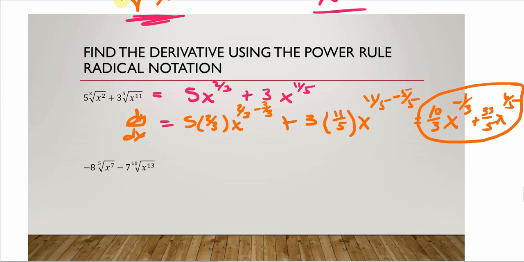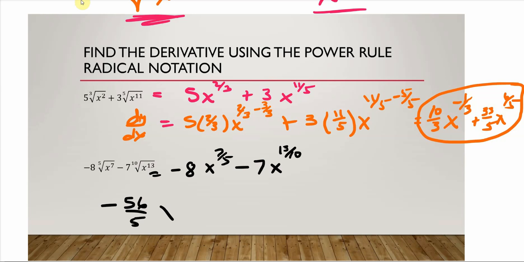All right, let's try one more. That's going to give me, let me change the color here, negative 8x to the 7/5 minus 7x to the 13/10. So when I take the derivative, I'm going to get negative 56/5 x.